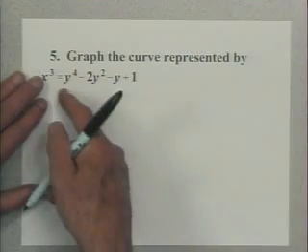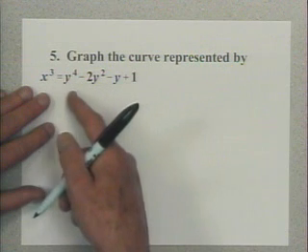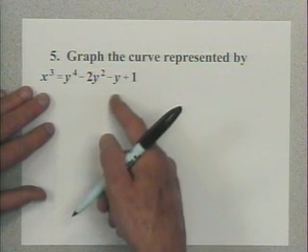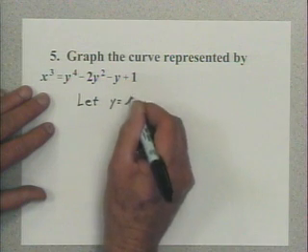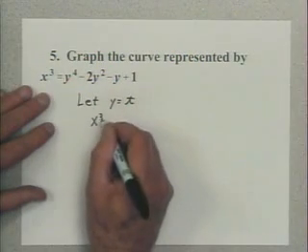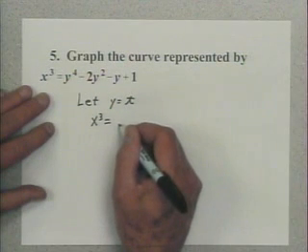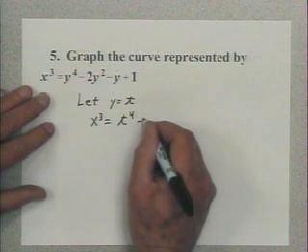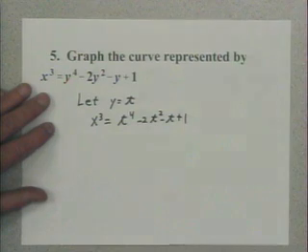One way that really works nicely on this one is to pick either x or y. In this case, I'm going to pick y because there's more of them, and I'm going to let y equal t. Well then, x cubed would equal what with that substitution? t to the 4th minus 2t squared minus t plus 1, right?